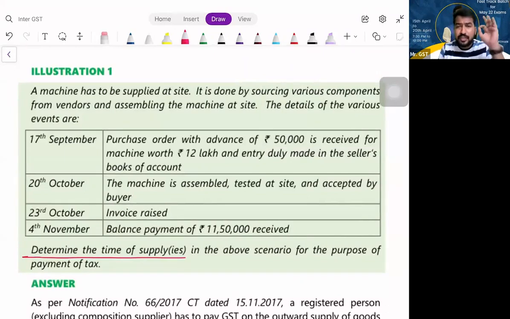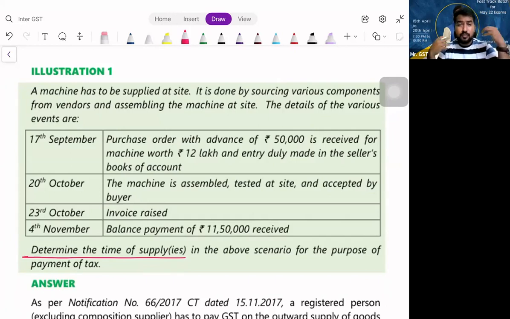First of all, when you read any question in the exam, please understand what they are asking us to compute. First, you should understand that requirement. Why? Because generally you will come across a question that asks you to determine the value of taxable supply. That means they want you to tell what is the value of taxable supply. That's all. They might have given GST rates also in the question.